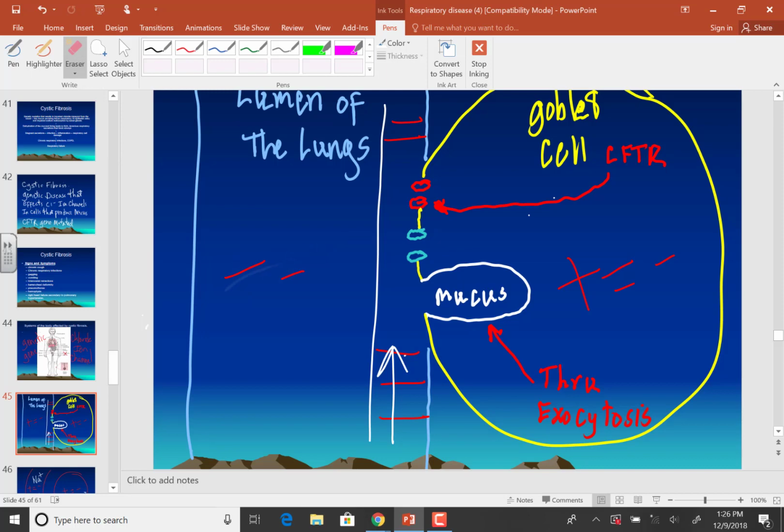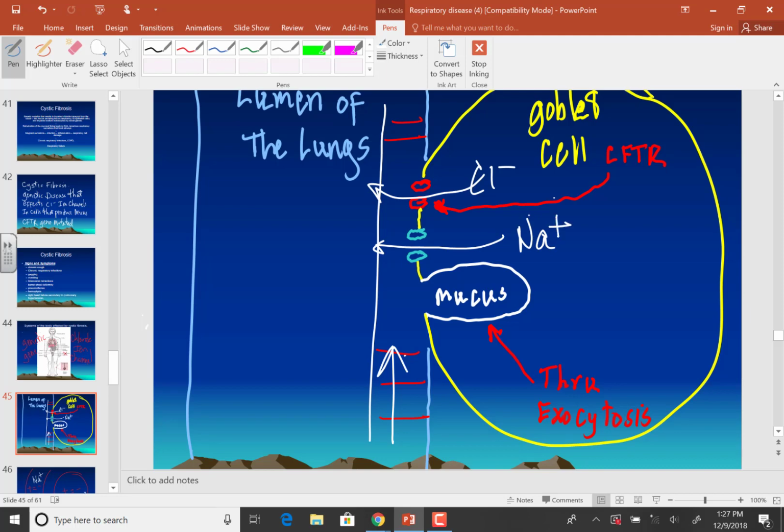Now, in normal physiology, what's happening is this. When the goblet cell secretes mucus, chloride will leave through a chloride ion channel and will enter the mucus. Now, that's negatively charged. So to maintain that law of electroneutrality, a sodium ion's got to follow it too, because sodium's positive.